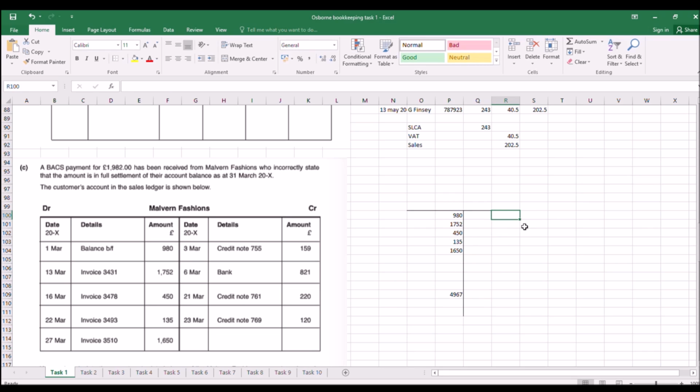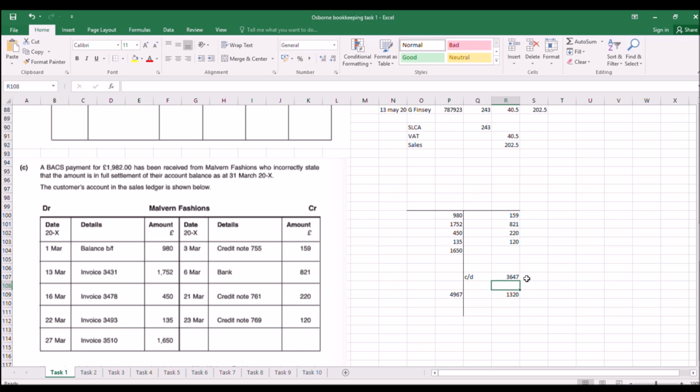On the credit side, you've got a credit of 159 for a credit note, and a payment of 892, so we debit bank and credit the sales ledger control account, and then the sales ledger account. Then 220 credit, 120 credit. So that's the total of our credits. The carried down figure should be the debits minus the credits, because the debits were higher.